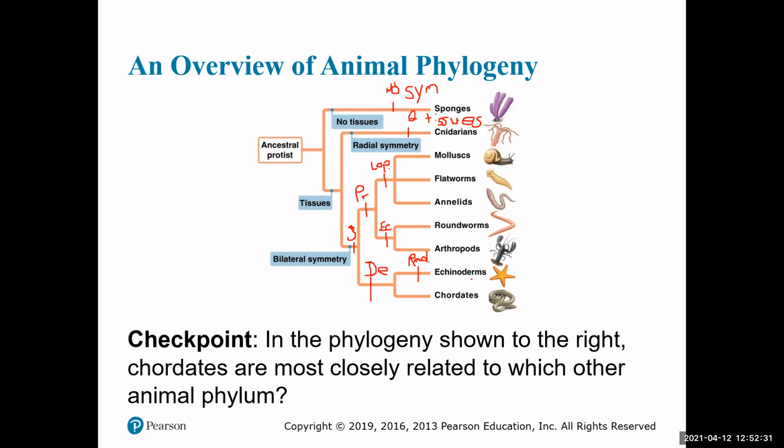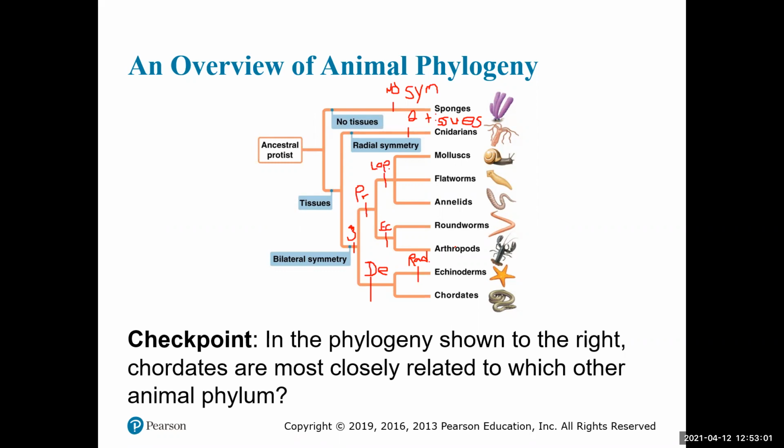Okay, so echinoderms and chordates are deuterostomes, and all of the other bilaterally symmetrical phyla are protostomes. Okay, and we'll get into the difference between protostomes and deuterostomes in a second, but the key thing right now is just knowing that there are some differences in that early development.